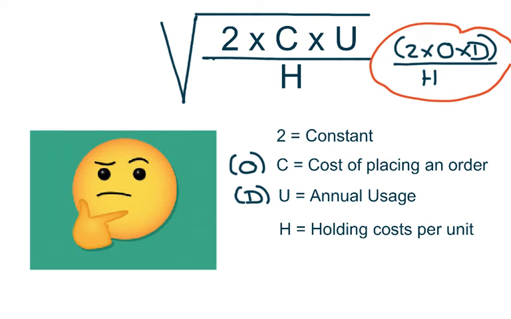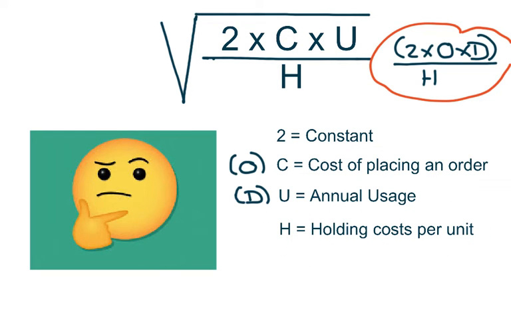Now, some textbooks will show a D, and the D is for demand. So, D for demand and U for annual usage. And then divided by H. Now, my H is the holding cost per unit. So we looked at ordering costs in the previous lessons, we looked at annual usage or demand, and we also spoke about the holding cost per unit.